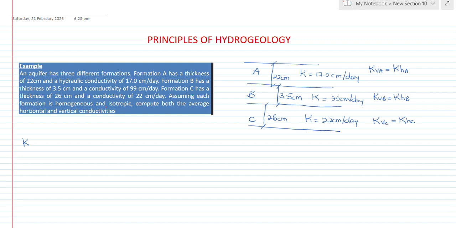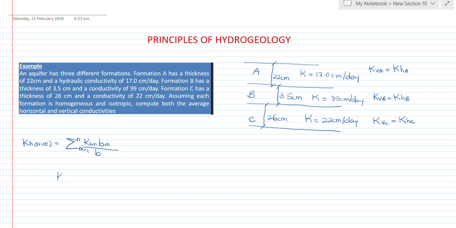The average K horizontal is given by the formula, the sum of K_H,m times b_m over B, where we sum from m equals 1 to n. Okay, so this is the formula.